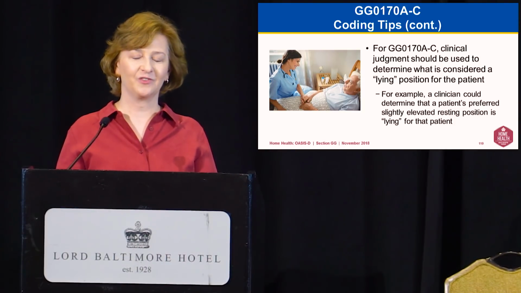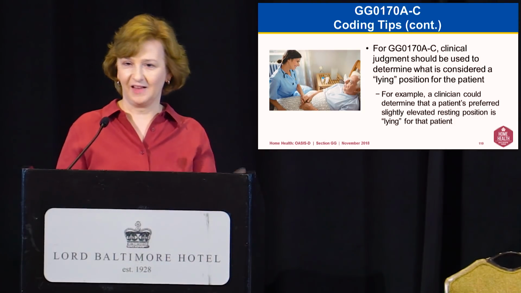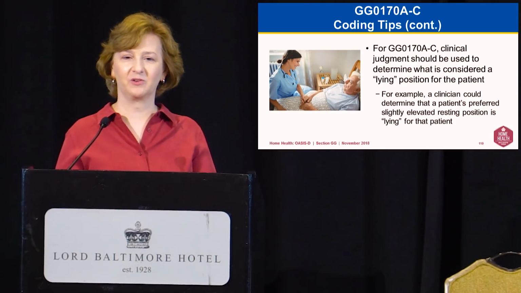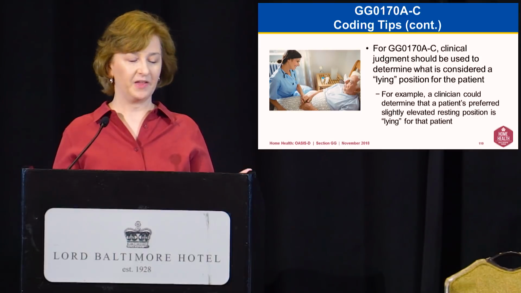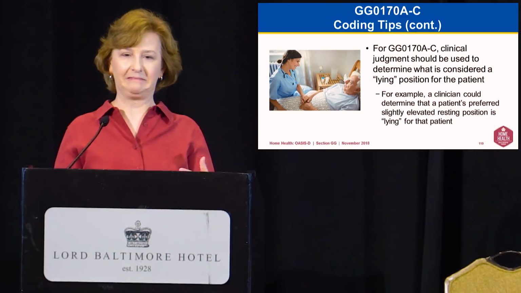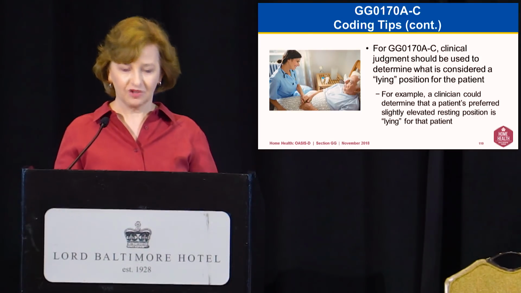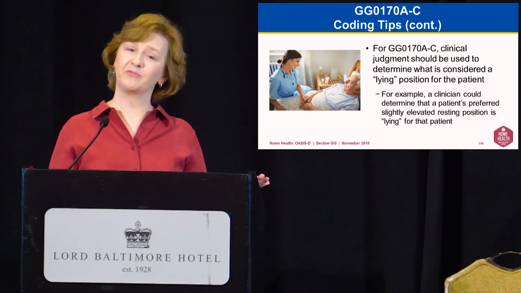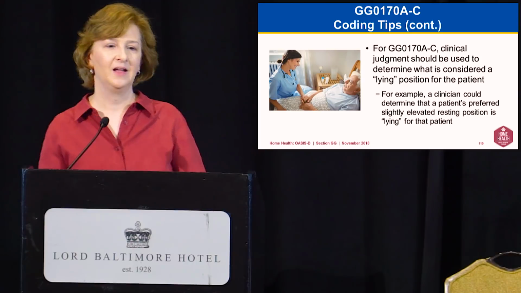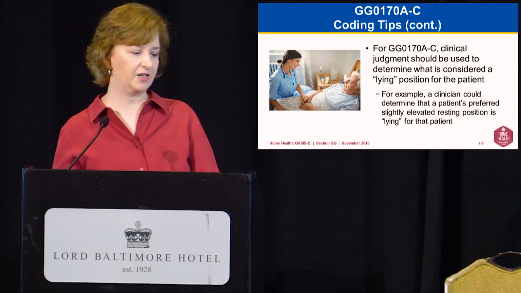And so certainly that can be coded 88, activity not attempted due to medical condition or safety concern, if that's this instance. If the person, due to some digestive issues, just has to have the head of the bed up slightly, perhaps you can assess some of these activities, but you would be making that determination.